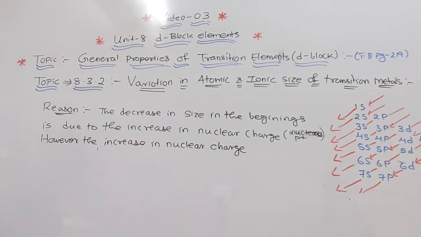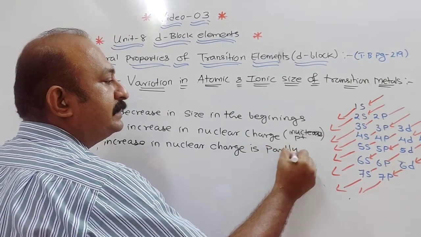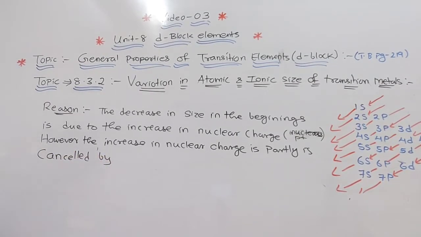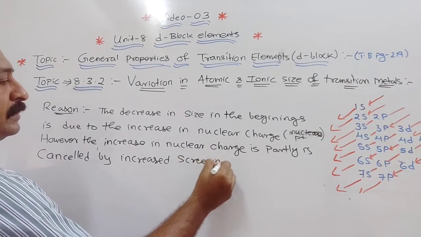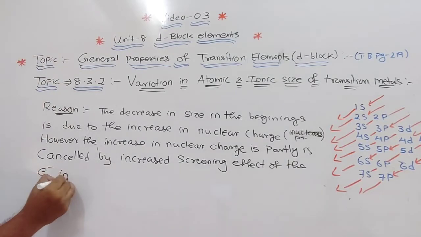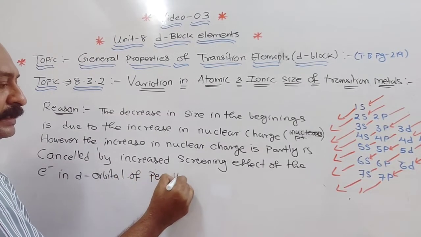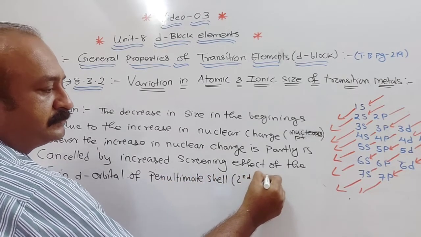The increase in nuclear charge is partly cancelled, which means a part of it is cancelled by the increased screening effect of the electrons in the d orbital of the penultimate shell. Understood? Now what is the penultimate shell? The second last shell. Clear?